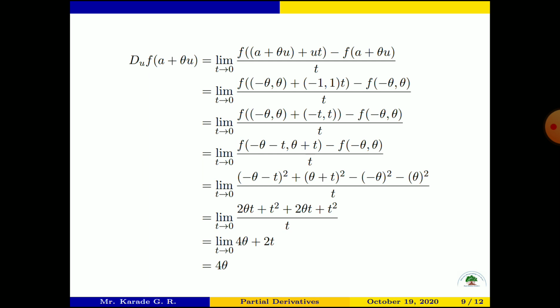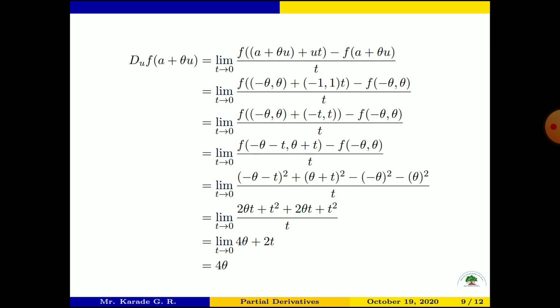It is equal to limit t tends to 0 of 2 times theta t plus t square plus 2 times theta t plus t square. So theta square will get cancelled and it remains only 2 times theta t plus t square plus 2 times theta t plus t square divided by t.